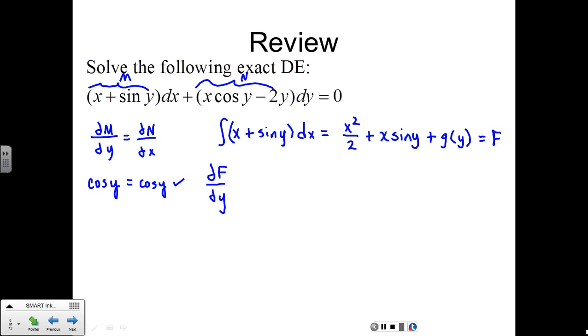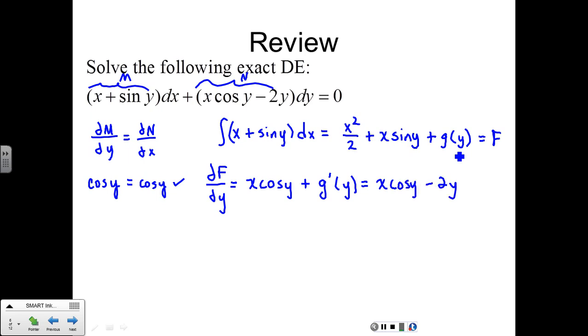So if we do the derivative of this with respect to y, that would be nothing. On this one, it would be cosine y times x, plus the derivative of this function with respect to y would just be, we don't know what it was, but g prime of y, right? And you're comparing that to what you had over here, this x cosine y minus 2y.